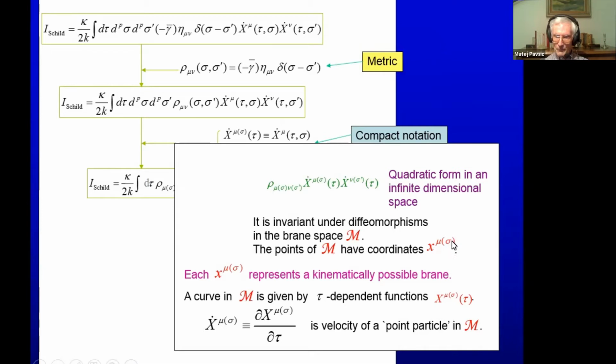This bracket just reminds us that the index is continuous, nothing else. So each x mu represents a kinematically possible brane. And a curve in M is given by tau-dependent functions. So this is tau. This is a parameter which traces the worldline in the brane space. So this x dot is the velocity of a point in M.